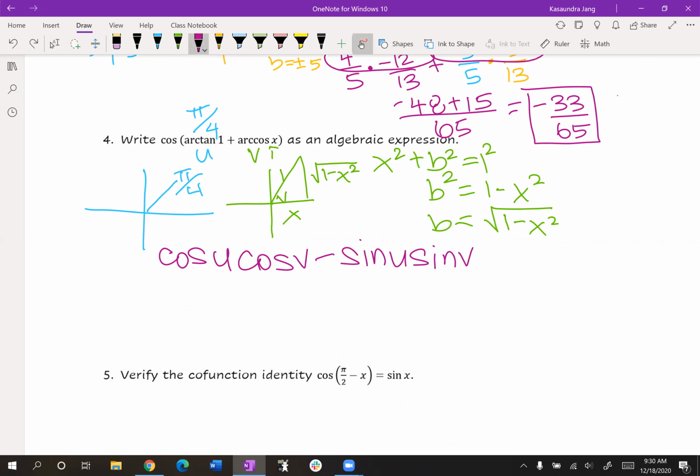All right, so let's see here. My cosine of u, well, we know that u is pi over 4. So cosine of pi over 4 is root 2 over 2. Cosine of v, the adjacent over hypotenuse on my v right here, would be x over 1.